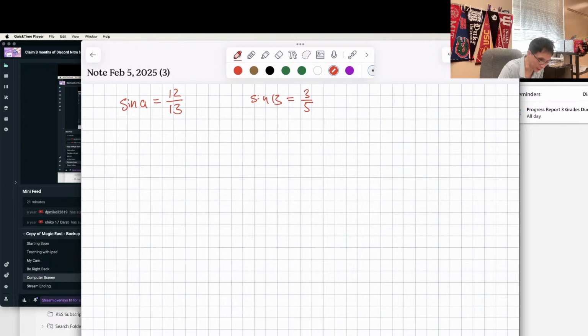Angle A is in quadrant 2, and angle B is in quadrant 1. So you have two conditions here.